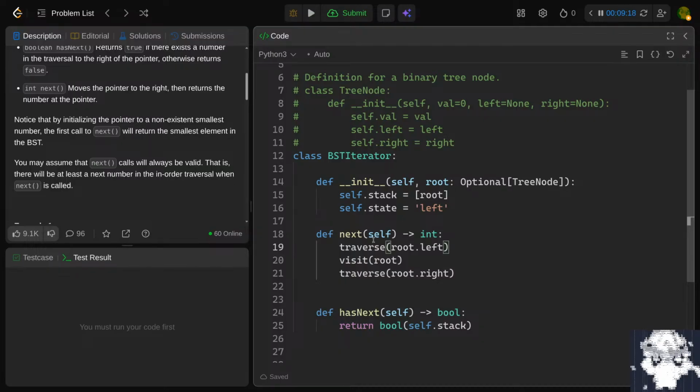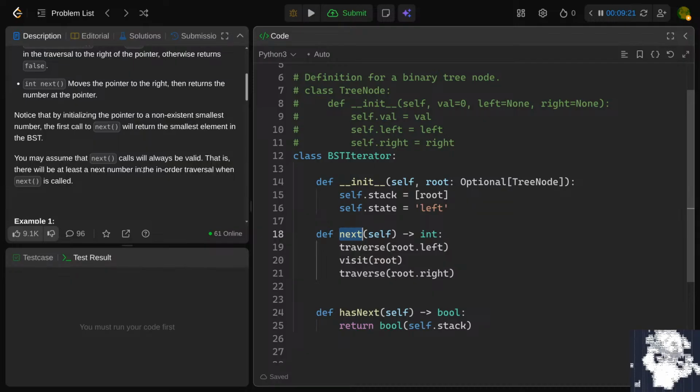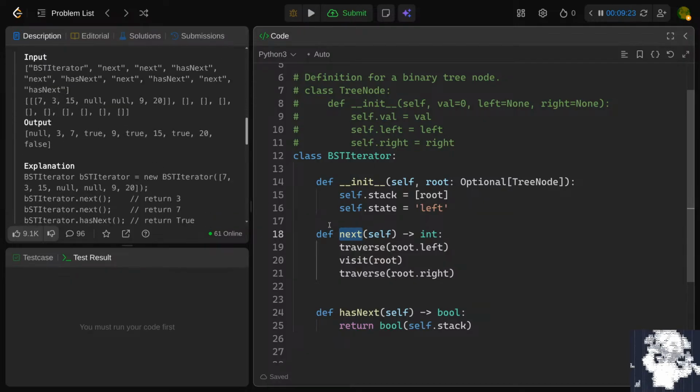The problem is we don't get called this much. We only get called, we want to yield whenever we visit. We want to do all the traversing stuff before yielding.